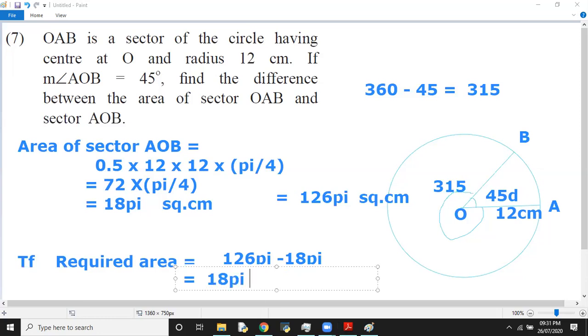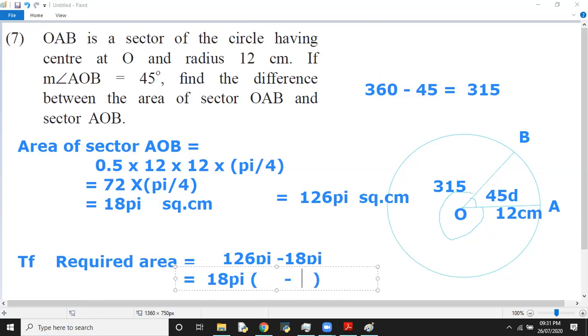Okay, you do slowly if you are confusing. 126 means 18 into how much? 126, 18 1 is 18. I also don't know the table. Just do some calculation. You will get the answer. Okay, this you will get the minus. Then you will get a minus here, and it is 1.